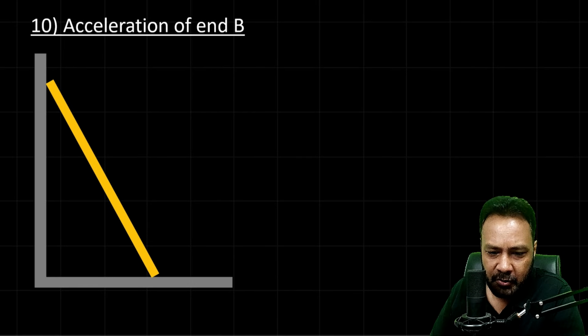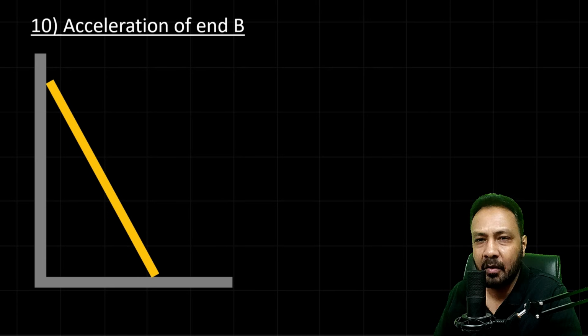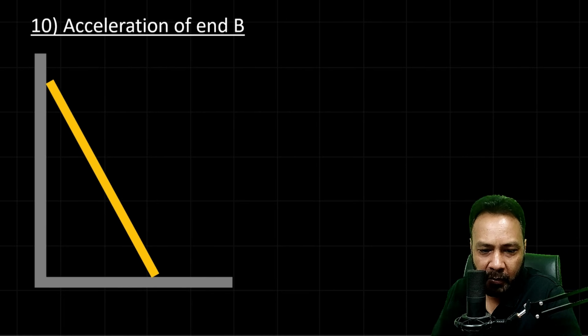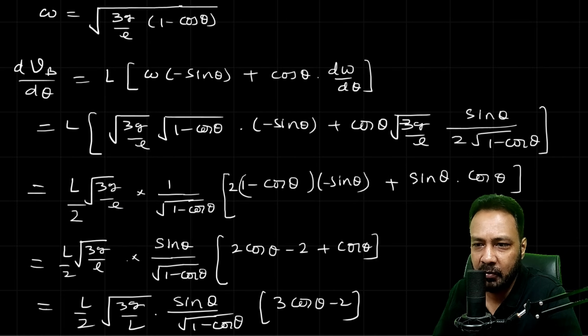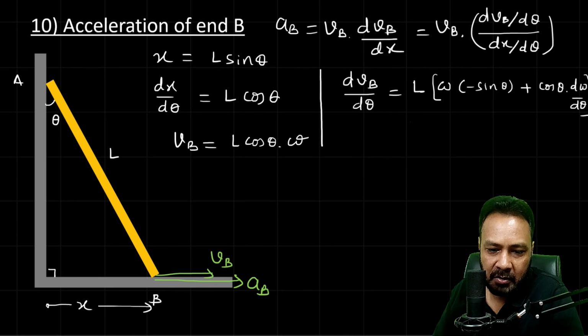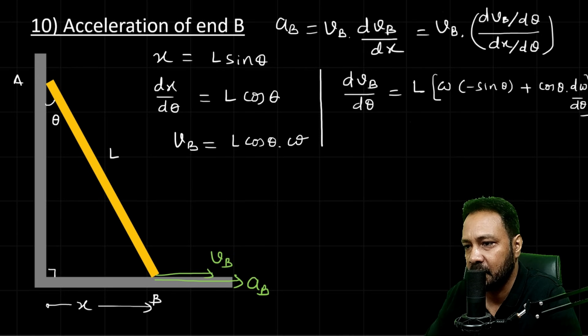Now we have to find the acceleration of NB. So we got this. And we had to find the acceleration of NB, which was VB dVB by dx, and that is VB dVB by d theta dx. So we have to just multiply three things. This term, and this term all together.